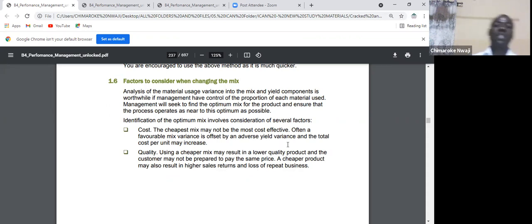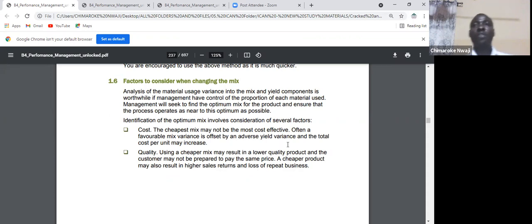If customers buy the product and go home and feel they've wasted their money, you will not get customers anymore. They will start running away from your product because you tried to get a cheaper mix using a bad quality product. So these are some of the things you are going to consider when changing your mix.